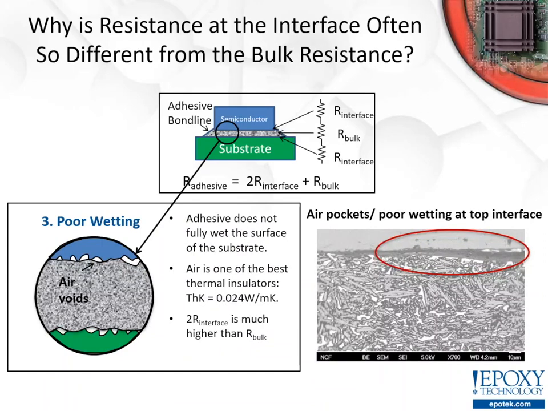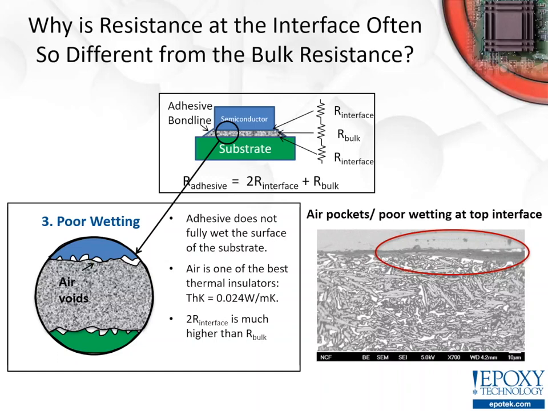Very similar to delamination, we also see air voiding. This is a product that is very high in viscosity because it has so much silver. As you add silver, as you load the material more, the viscosity tends to go up, up, up.